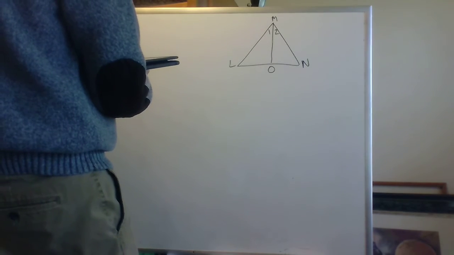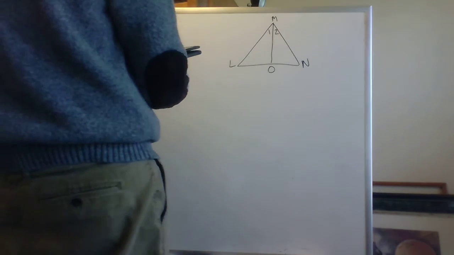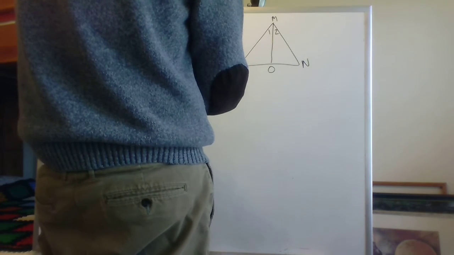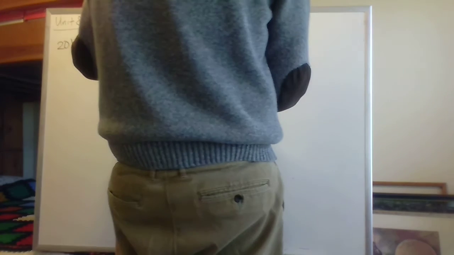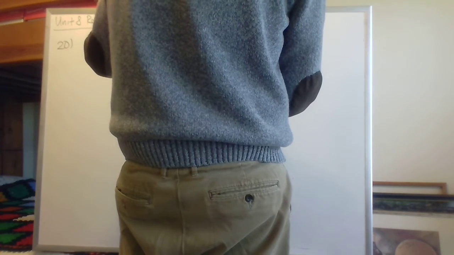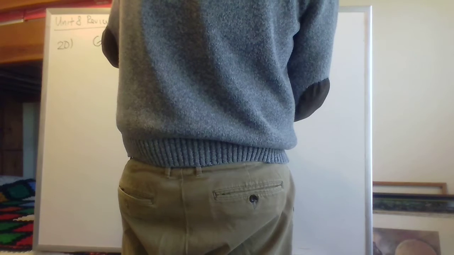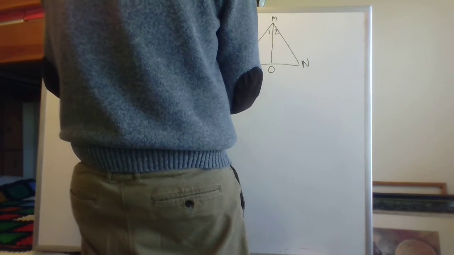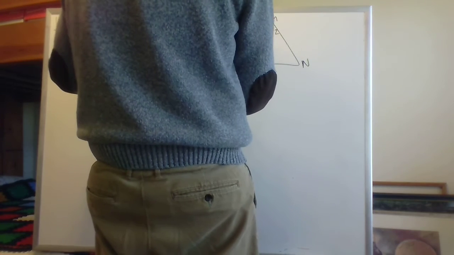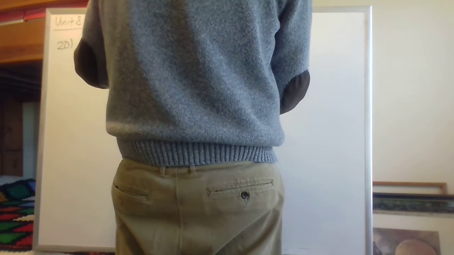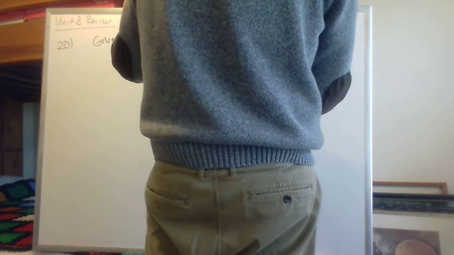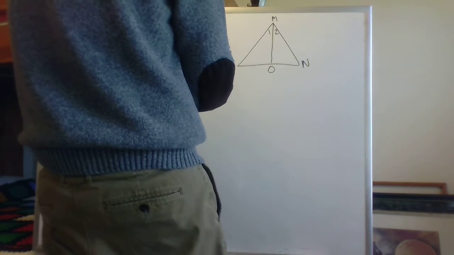It says given triangle LMN is isosceles with side LM being congruent to NM, and side MO bisects angle LMN.